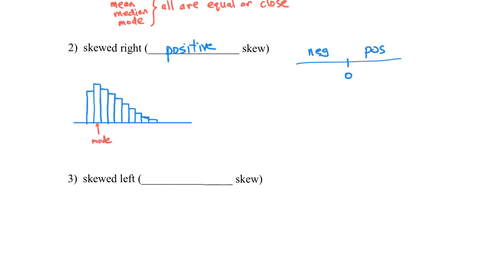So the mean, as you know, is influenced the most by those kind of values. So you could say, I'm just sort of guessing, but the mean will be pulled to the right with that number. And then the median will typically be in between these two somewhere. So in between here somewhere is the median.